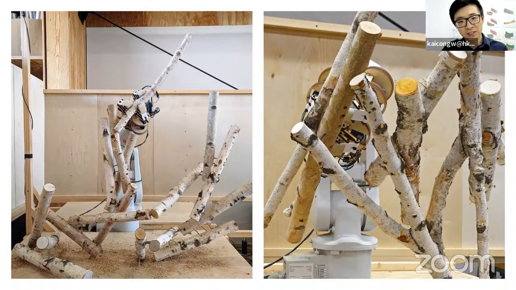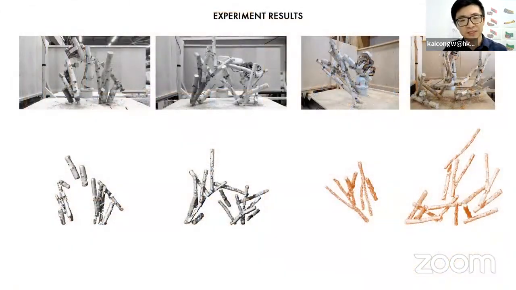But at this moment, to me, the meaning of doing this is that I do see the potential of designing these natural wood log structures without the necessity of defining the target geometry ourselves, right?